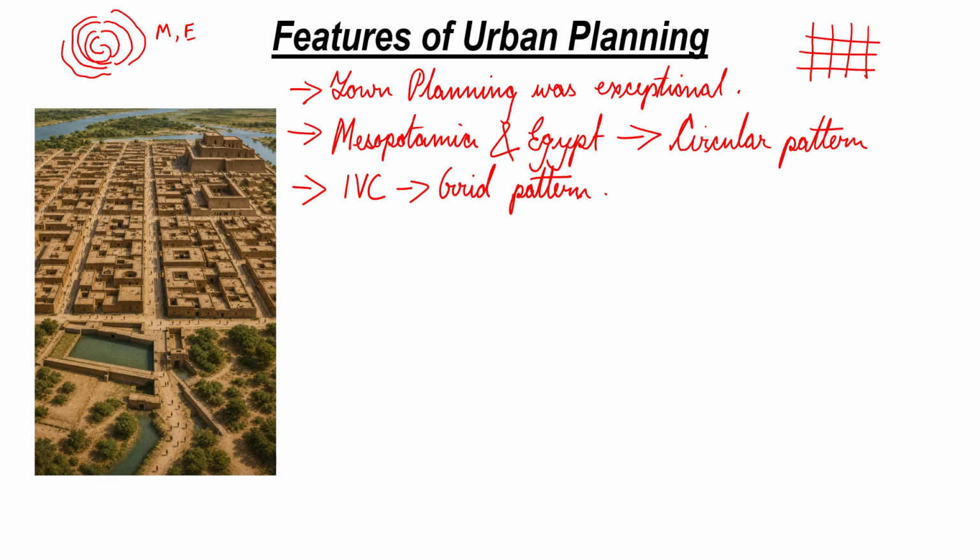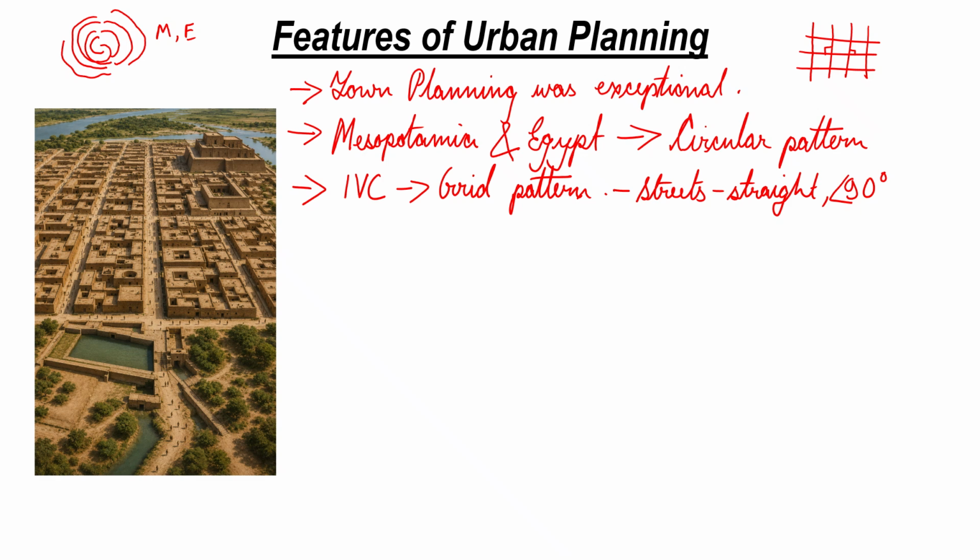So streets were straight and they intersected each other at a 90-degree angle. So right angle. Okay, all these intersections were right angles because the streets were straight.